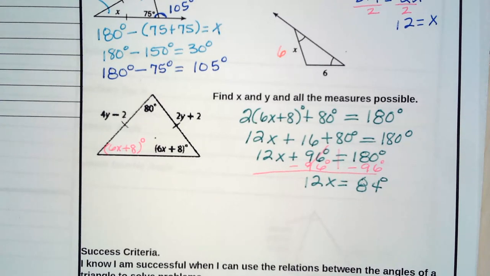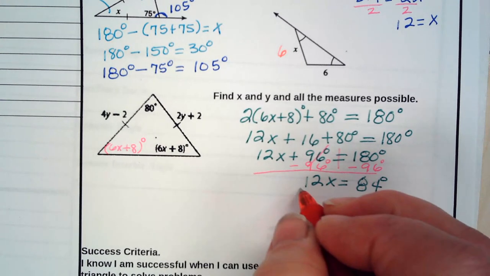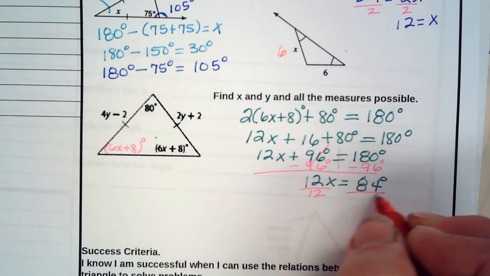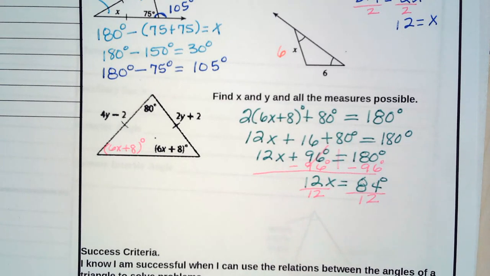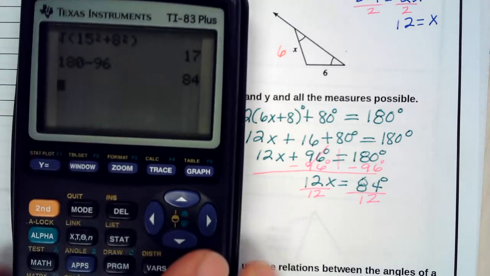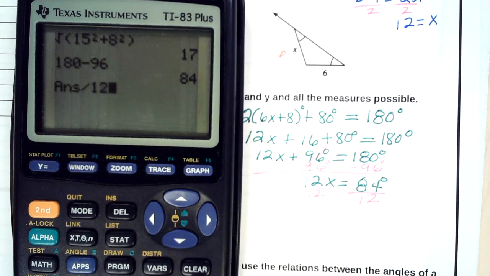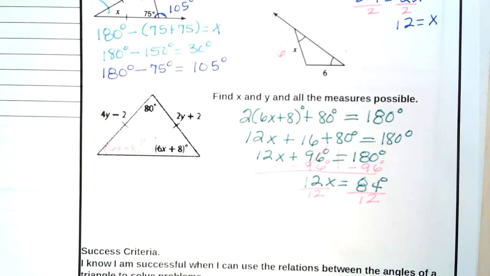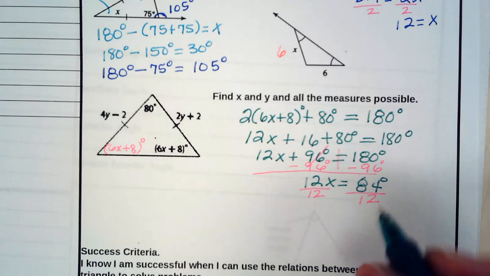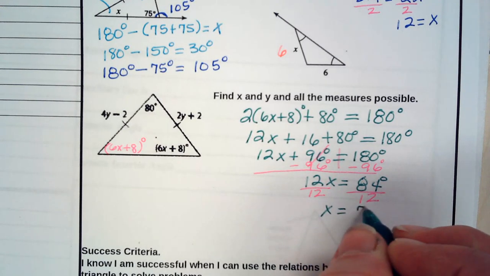Okay, now divide by 12. 84 divided by 12 is 7. x equals 7.